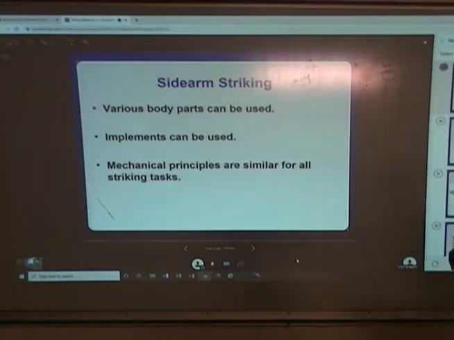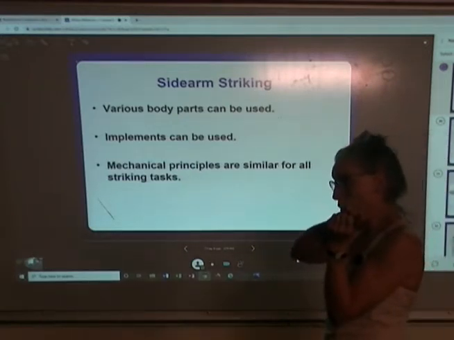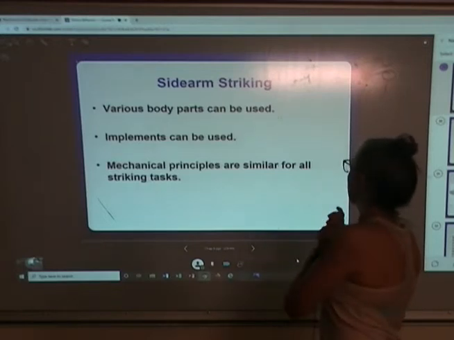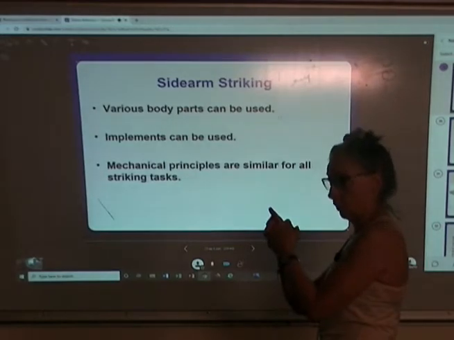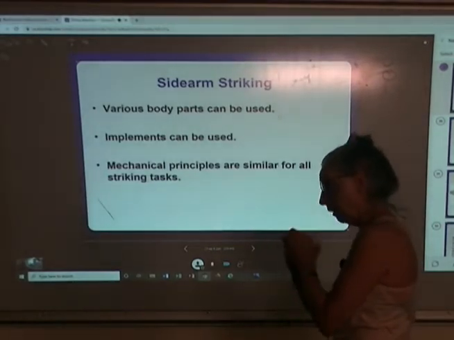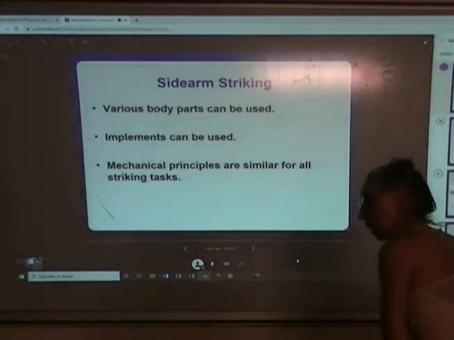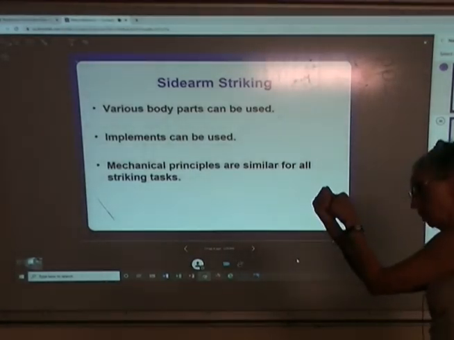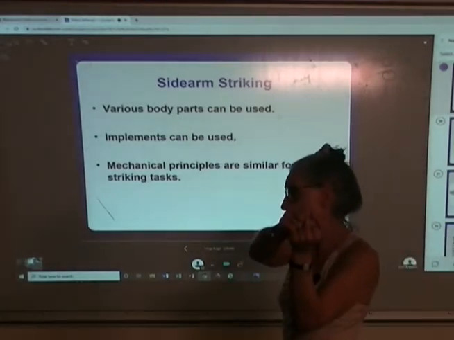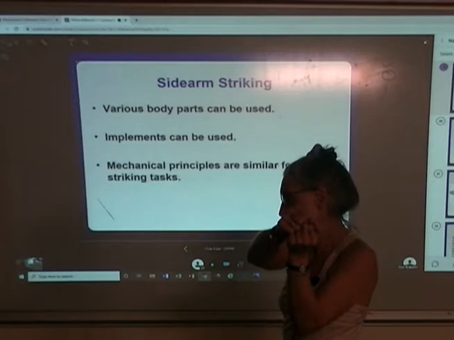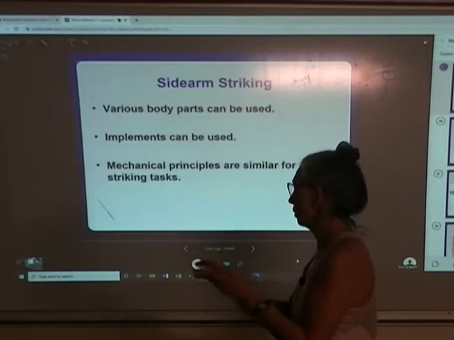It would get modified, I guess, for a baseball or a softball swing. In cricket, it's interesting because a lot of the cricket shots come underhand, unless you're doing a big sweep, and then it would be a modified sidearm strike. So cricket has a couple of different options.